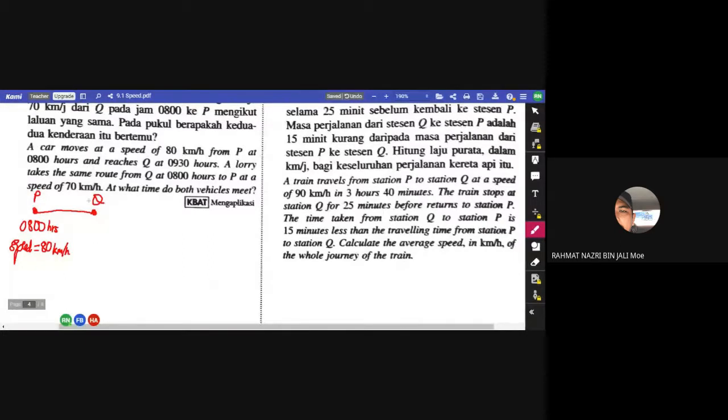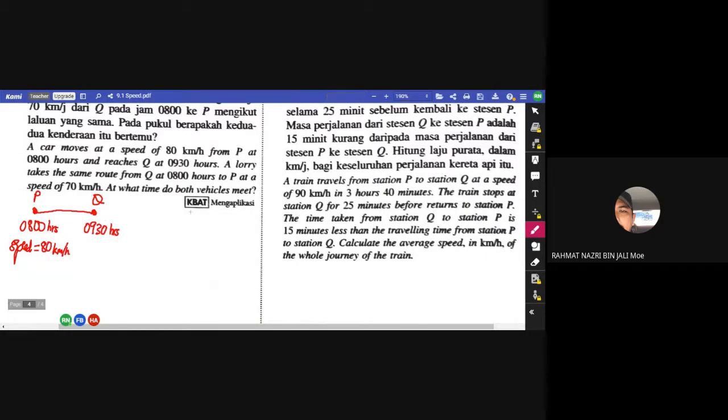And then this car reached the point Q at the time 0930 hours. So how many minutes did it travel from P to Q? How many minutes taken from P to Q, class? 1 hour and 30 minutes.